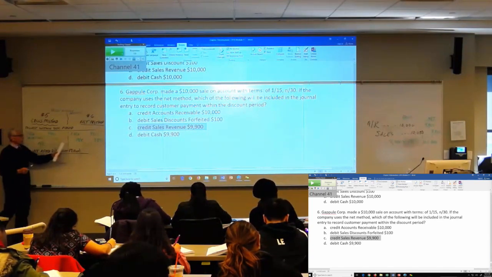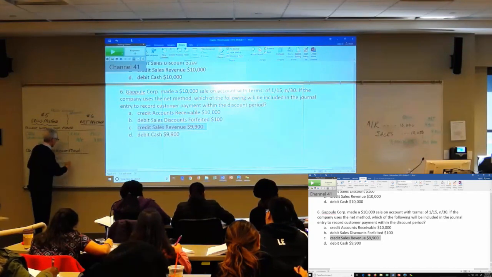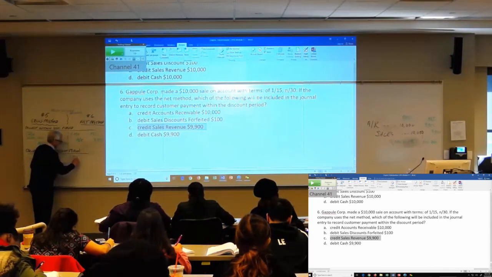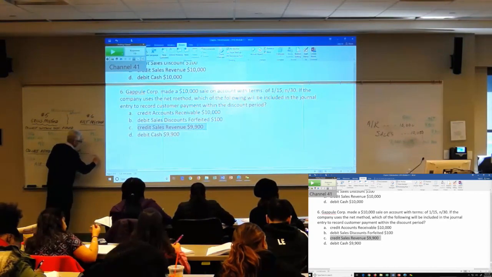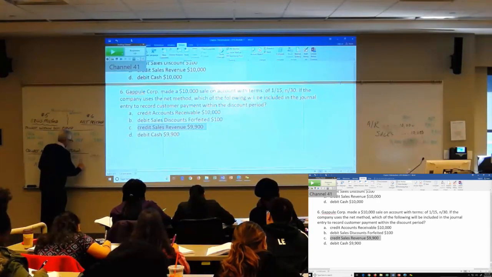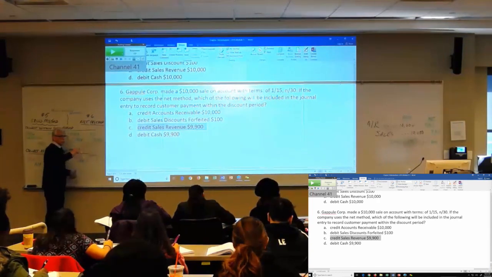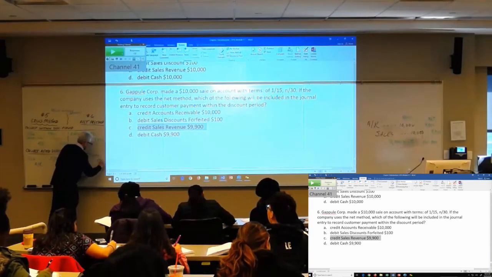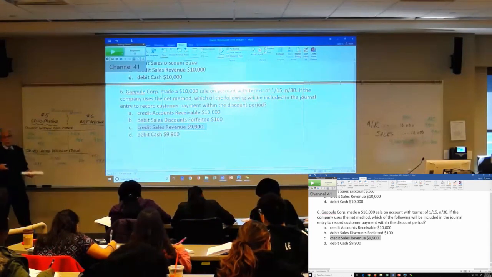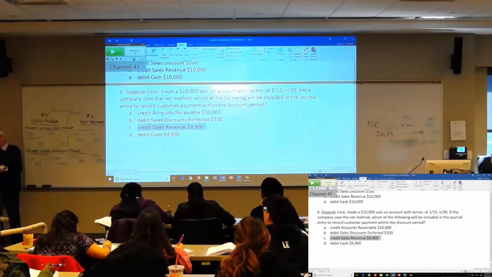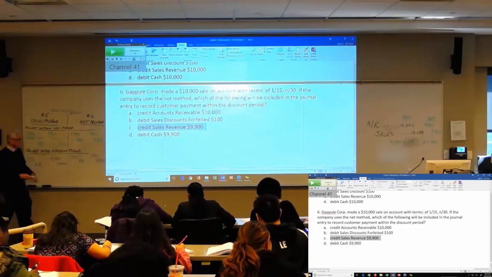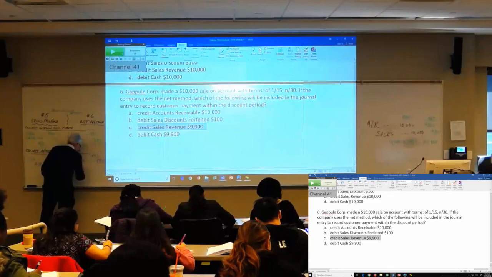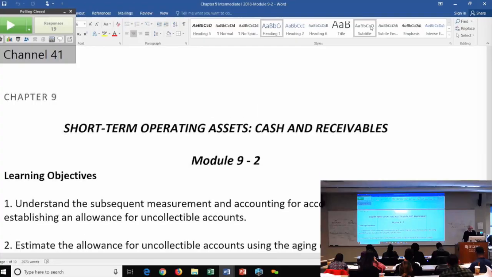However, the most likely amount in the net method was how much? 9,900. So cash comes in at 10,000, and the receivable is coming off at the most likely amount, which is 9,900. And now you've got more than you thought was most likely, and it is income. So you've got sales discount.